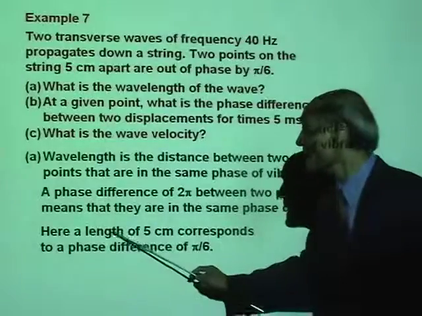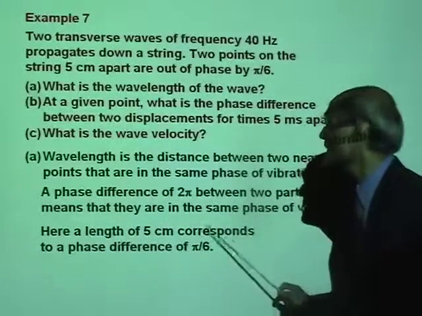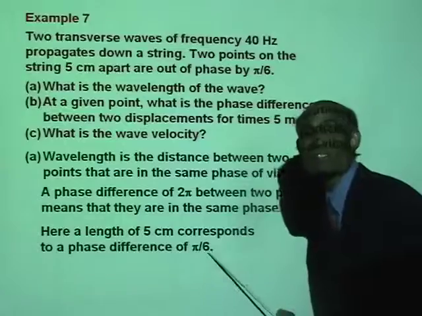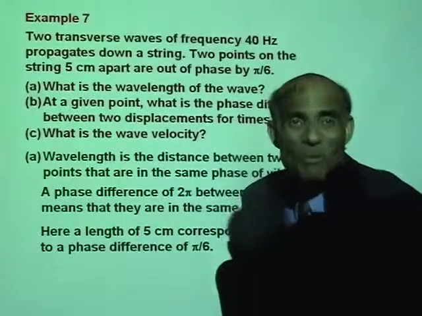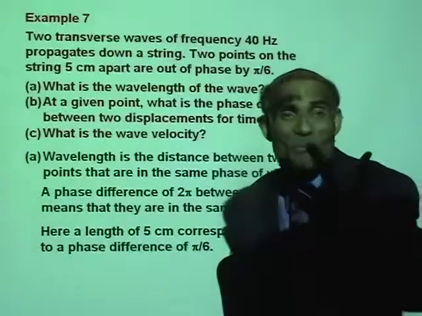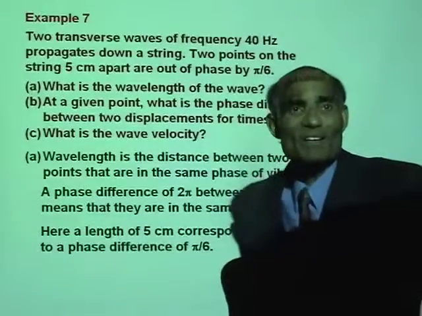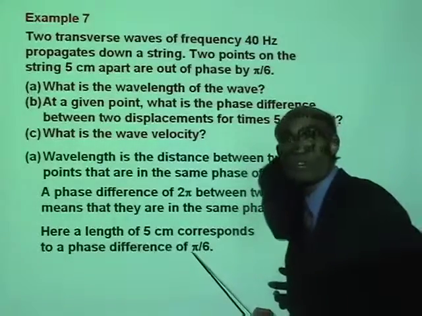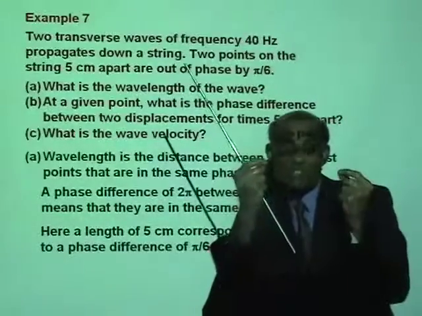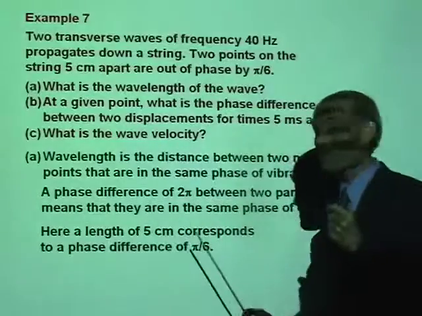Now here, a length of 5 centimeters corresponds to a phase difference of pi by 6. You can see this is a very simple problem of the kind we use in normal shopping. What are we looking for?